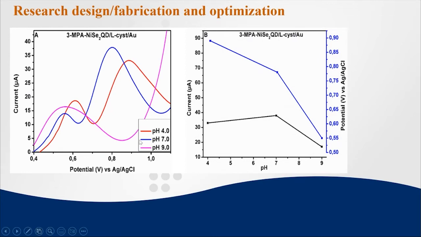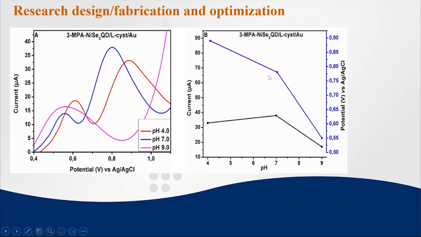So in this case, we used various pHs, and we were able to see that pH 7 was giving us a better performance in terms of the current, looking at the y-axis, and we selected pH 7 to continue with the work.